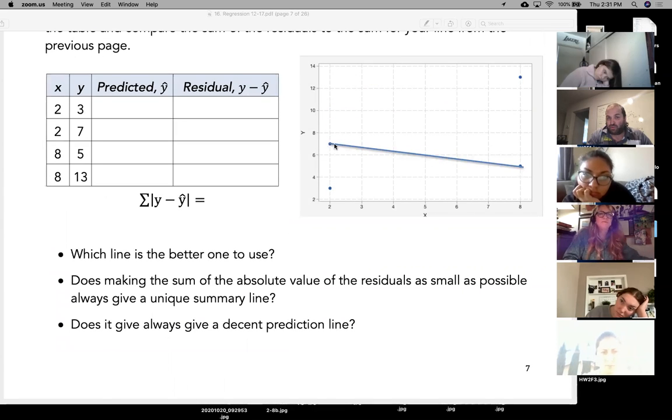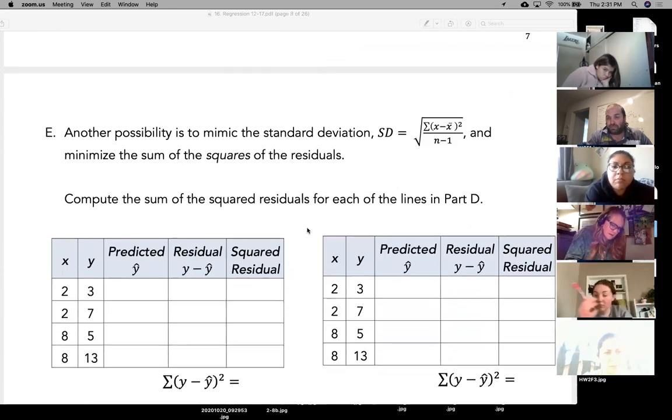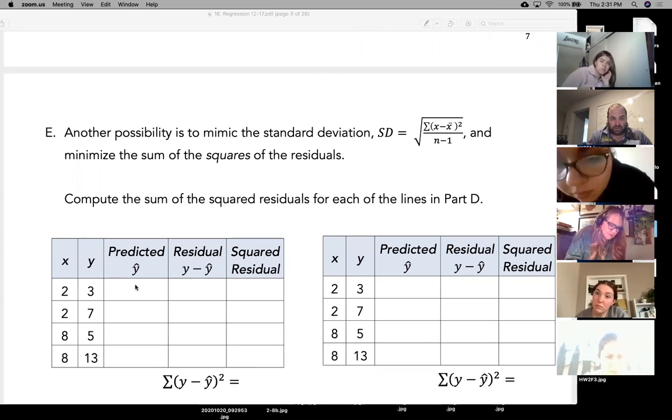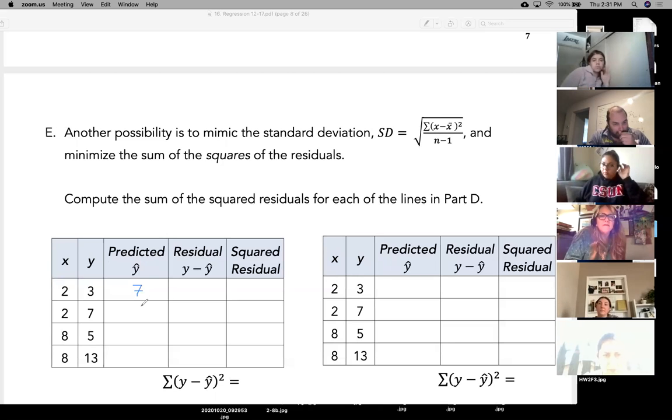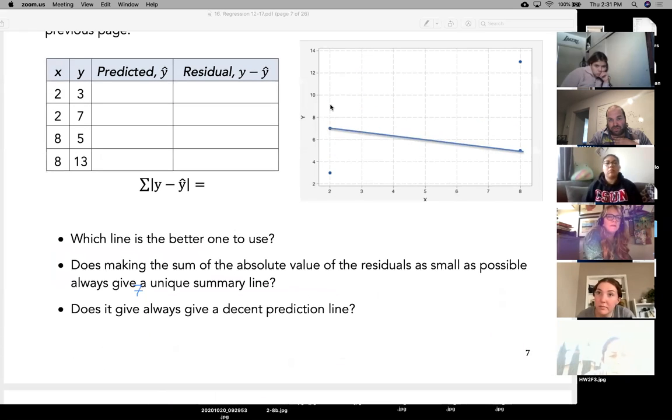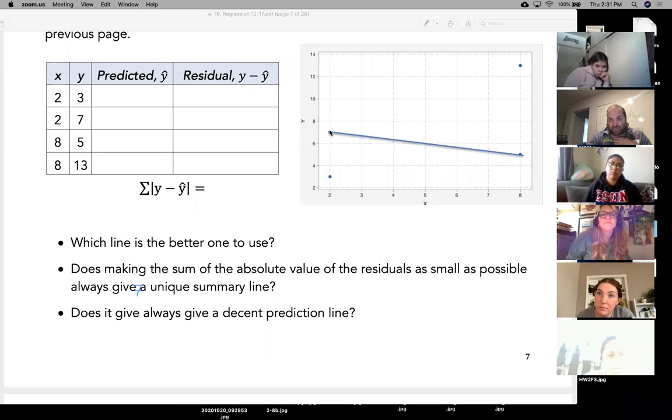Okay, what's the residual? What's the actual for both of these? The actual for this one is 3, right? But what's the predicted? 7, correct? Yes, you with me, please, everyone? Actual 3, predicted is 7. Okay, the next one had an actual of 7 and a prediction of 7.